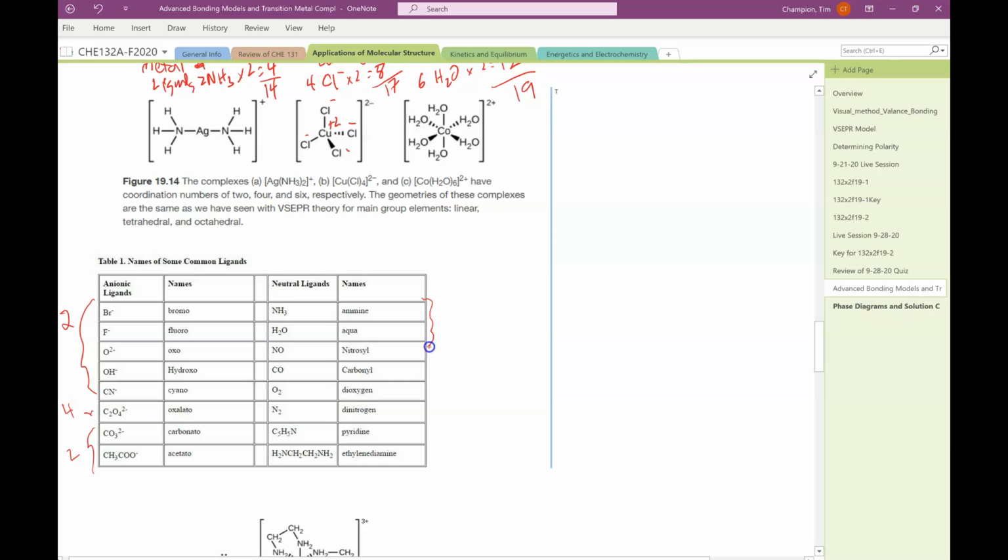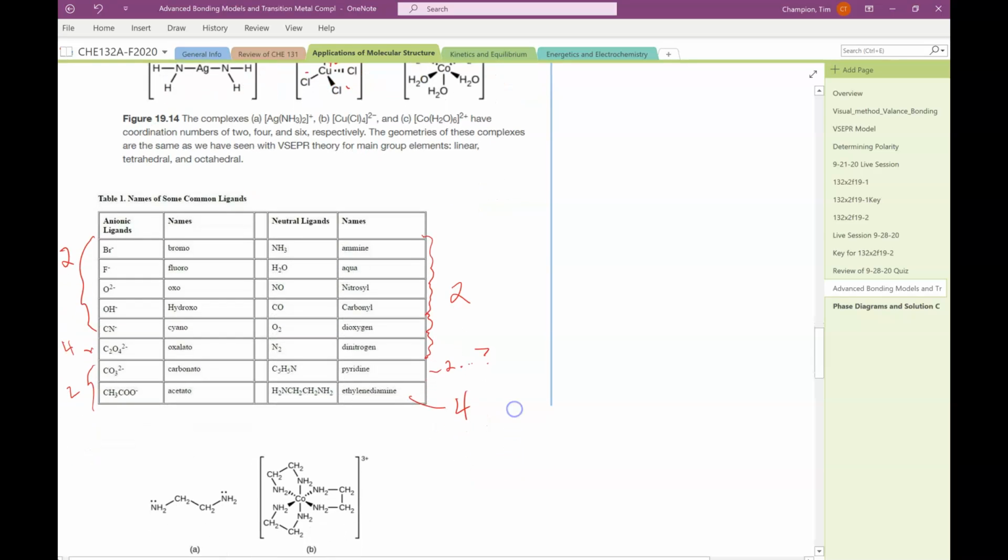Amine, water, nitrosyl, carbonyl, dioxygen, dinitrogen usually donate 2 electrons each. Pyridine is typically 2, but it could be more. And ethylenediamine typically donates 4, and we'll see some pictures here.